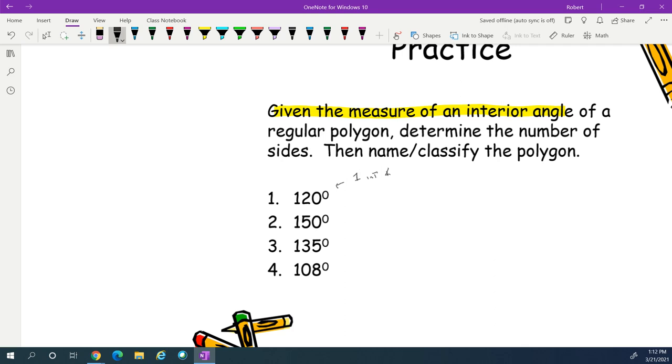Well, the only thing we can do with one interior is find the exterior. That's the only formula we have that uses one interior. So 120 plus the exterior equals 180, and the exterior equals 60.